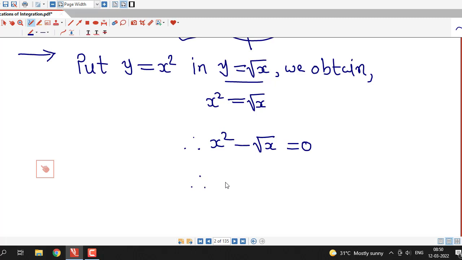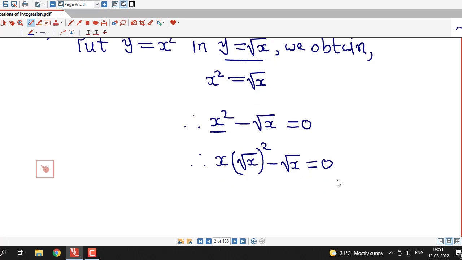Now we can write x square as x into x, and x can be rewritten as square of square root of x. This is going to be 0. Or another thing we can do is we can square on both sides. Okay, so we can go in that way also.